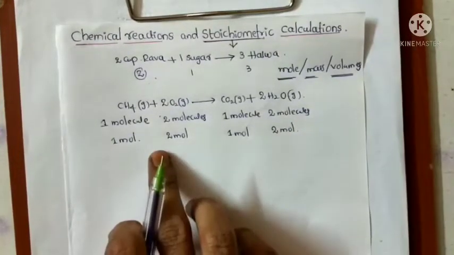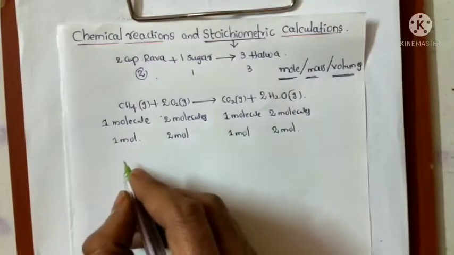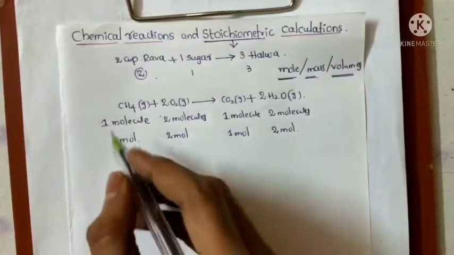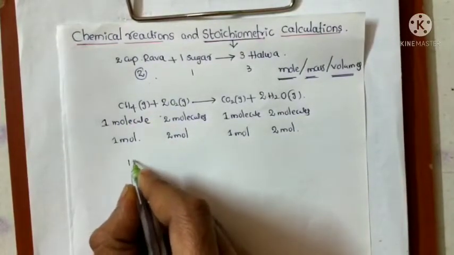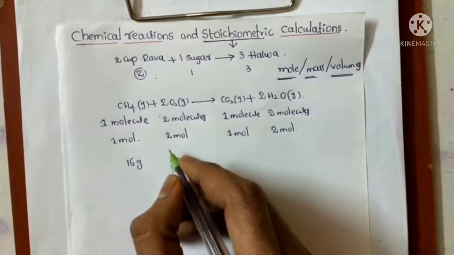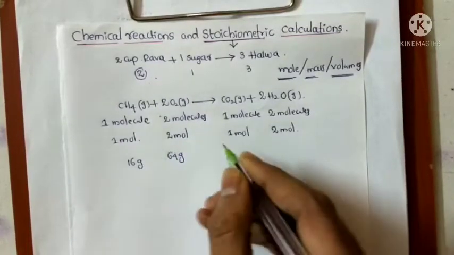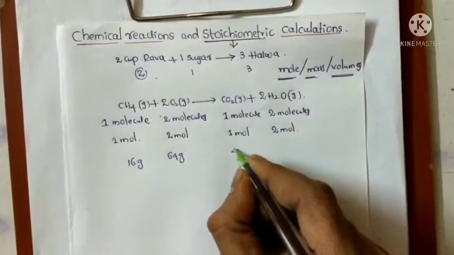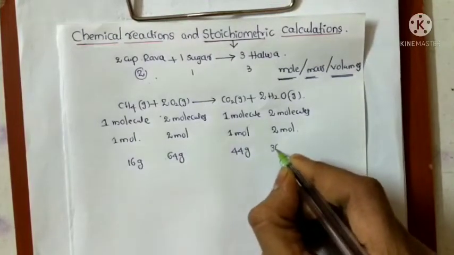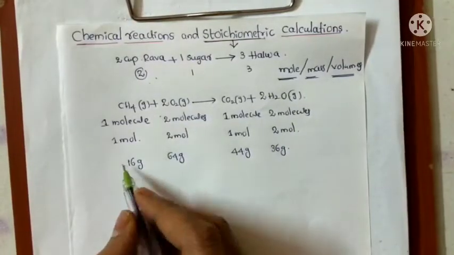Next, according to masses, the molecular mass of methane is 16, so 16 grams of methane reacts with 64 grams of oxygen to form 44 grams of carbon dioxide and 36 grams of water.